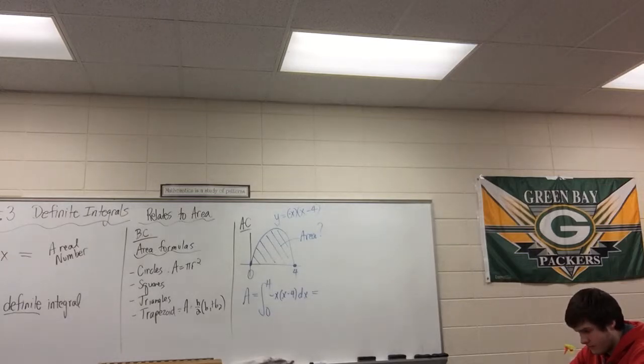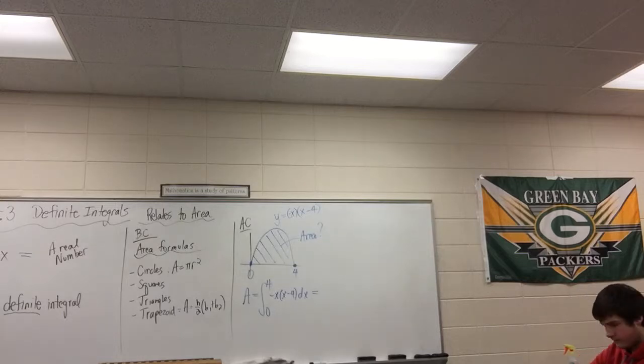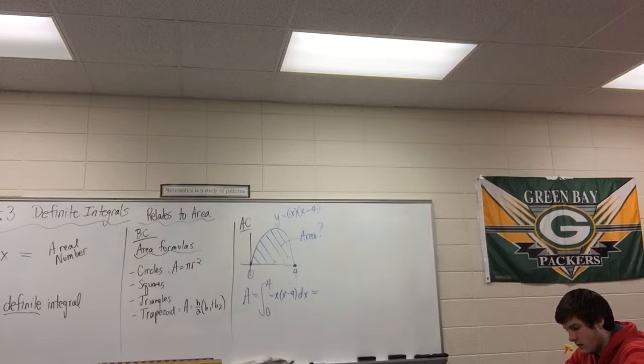Now, if this was a question on the AP exam, you can do it however you want. If I was doing this one, I'd say, all right, this is doable just straight from here.